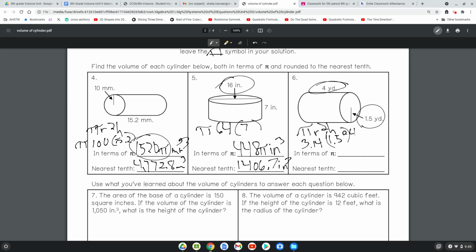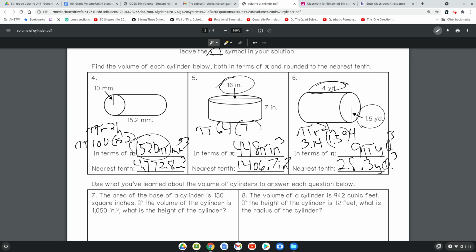And then times the height. So if we leave it in terms of pi, 1.5 squared times 4 gives me 9. We leave pi, and we have yards cubed. And then 9 times pi is 28.3 yards cubed.